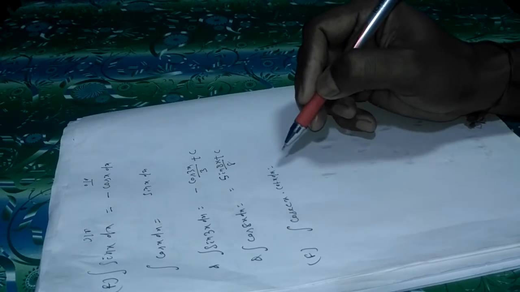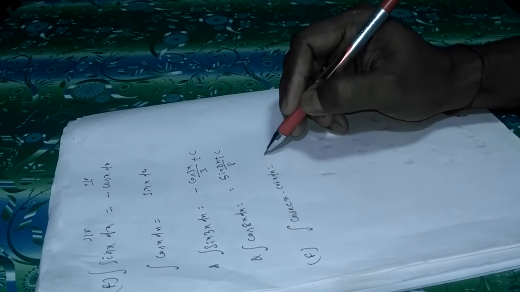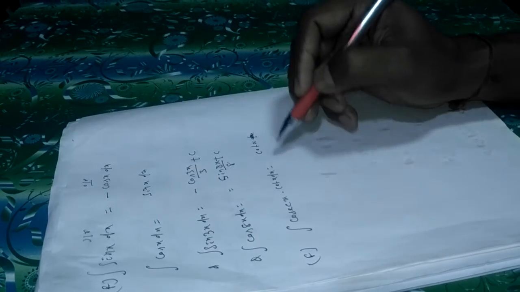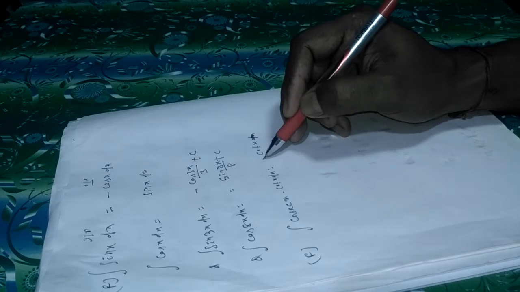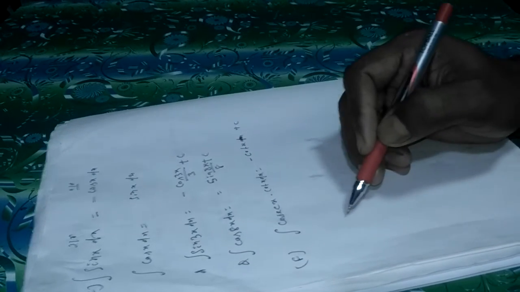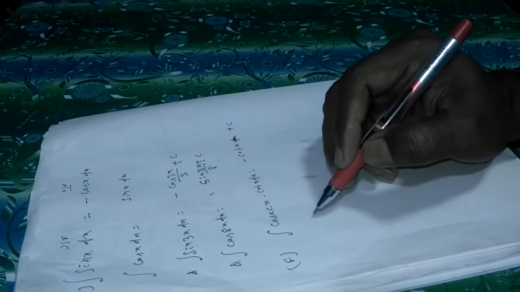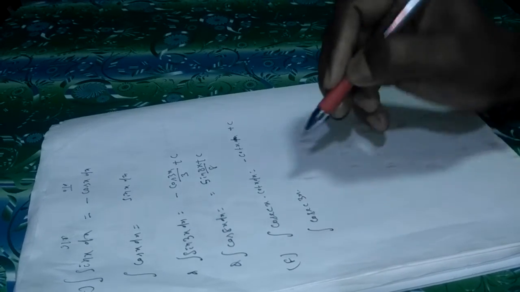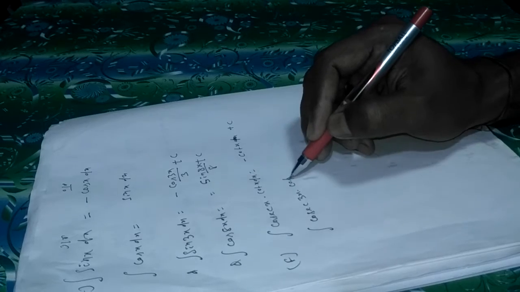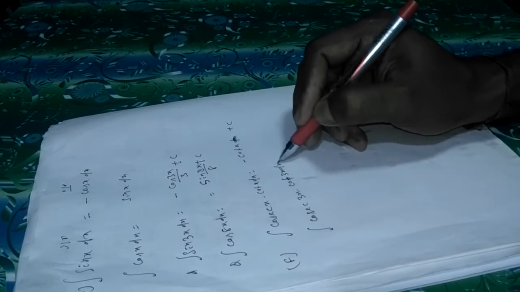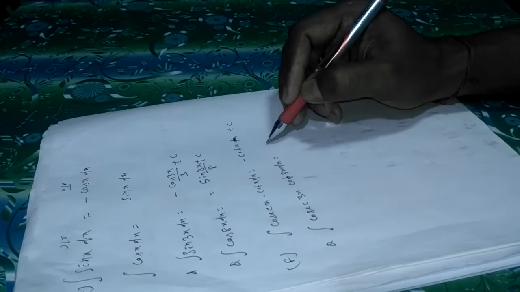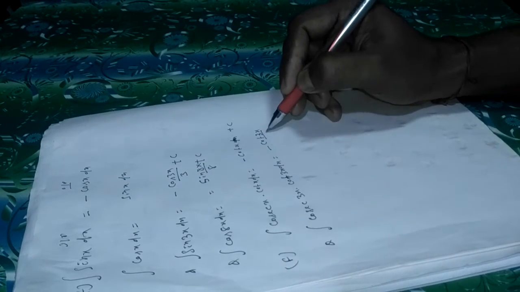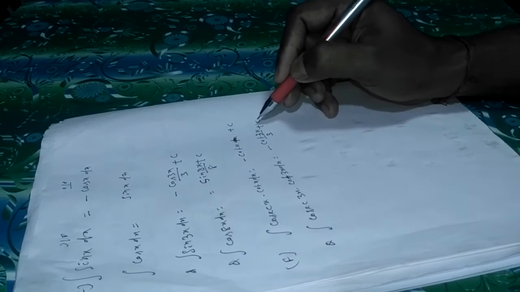What is the integration formula of cosec x cot x? It is cot x, but the result is, since the letter is C, minus cot x plus C. Similarly, on this basis, cosec 3x cot 3x, what is the integration? The answer is minus cosec 3x, and the coefficient 3 we can divide.